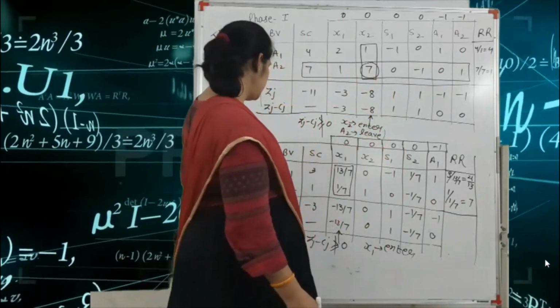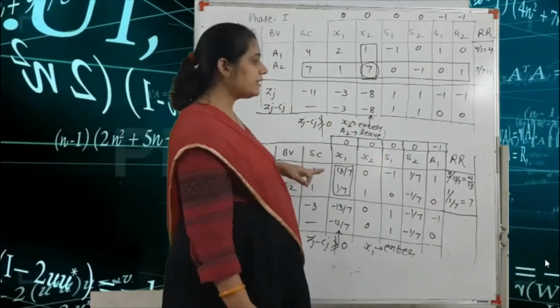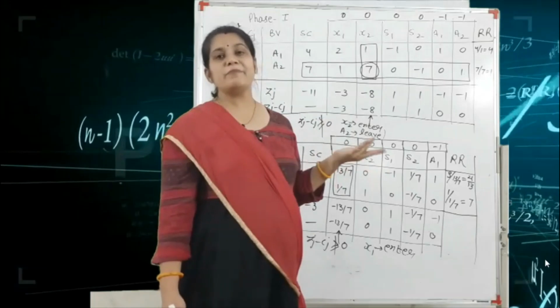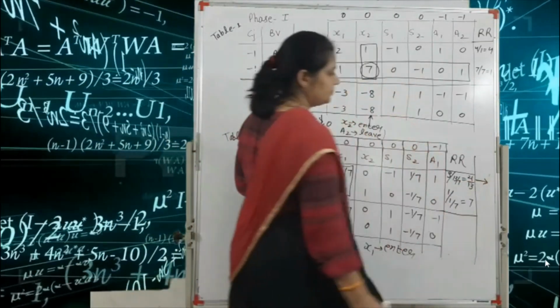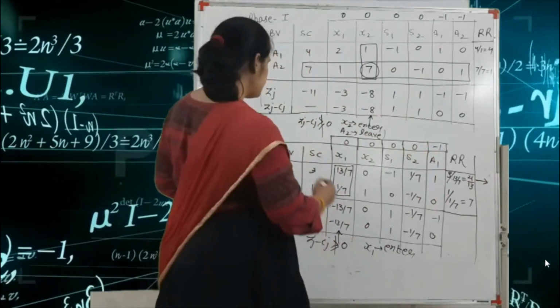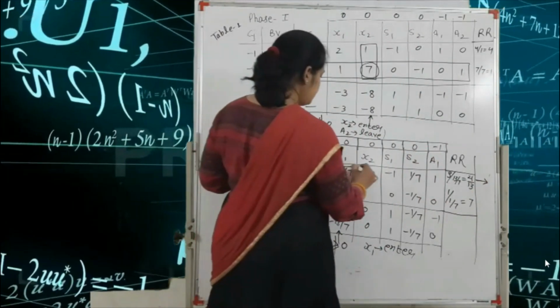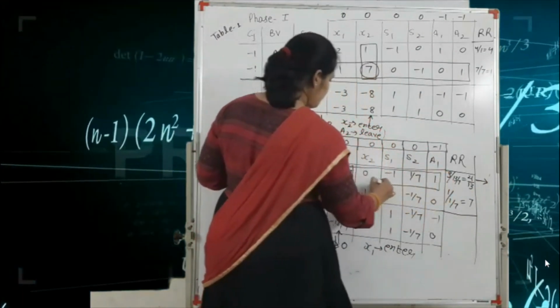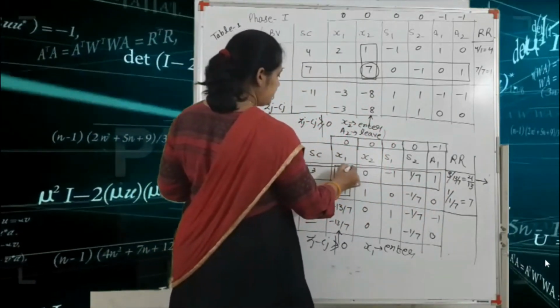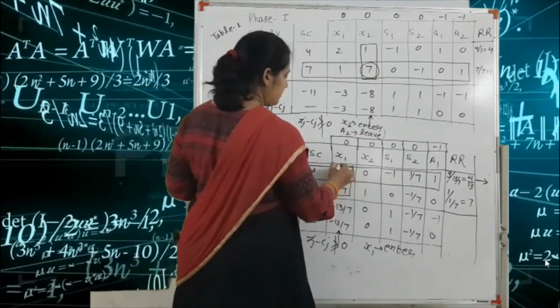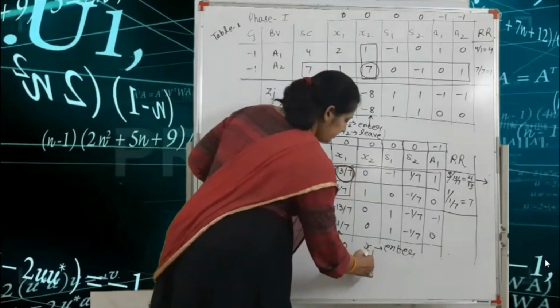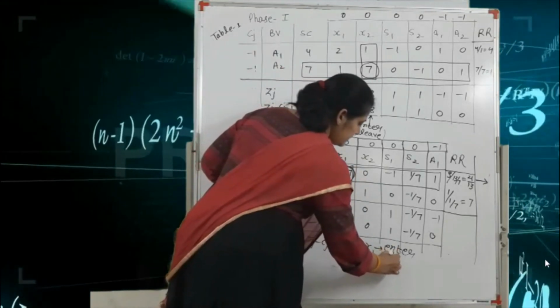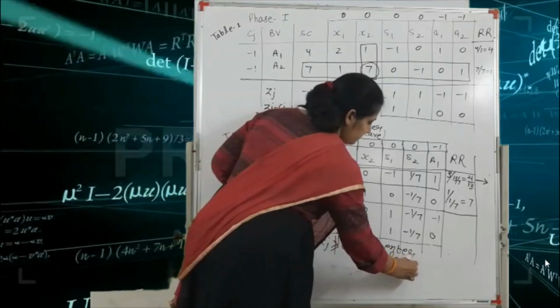Okay, so here again the positive minimum value is what? The positive minimum value is this value. Got it? That means here A1 variable is leaving according to the replacement ratio, and this is your key number. Got it? So here A1 variable is leaving.